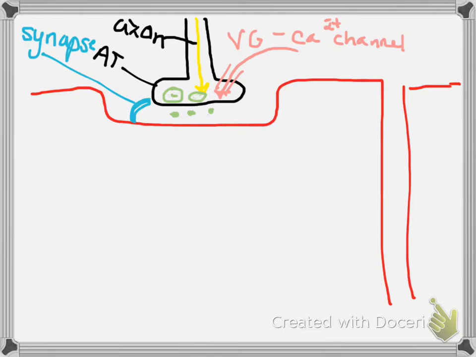and it's going to bind onto a channel. I'm going to draw that channel right here in light blue. So the ACH is going to come down here and bind onto this channel. That's what that blue and that green mean. Does anybody know what we call this channel?